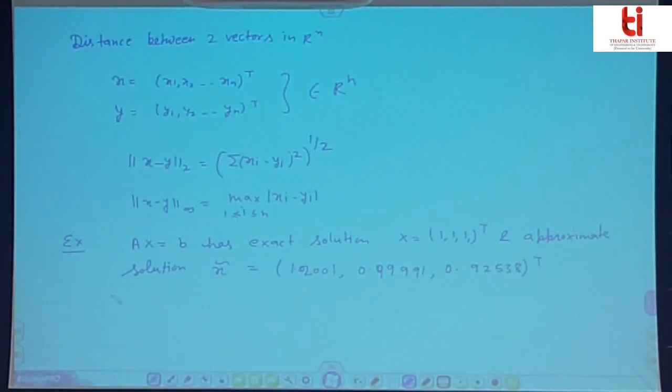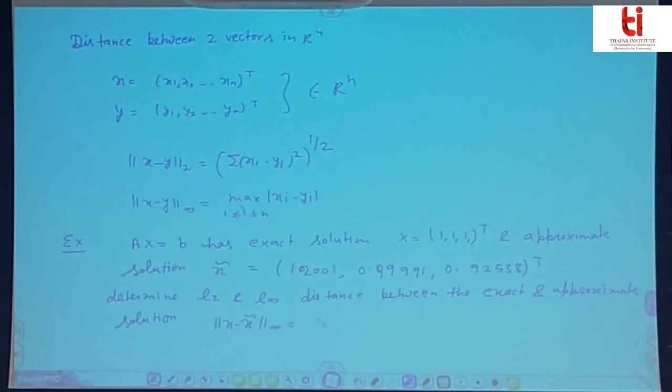Determine the L2 and L infinity distance between the exact and approximate solution. Okay, so norm of x minus x bar infinity is coming out to be what?